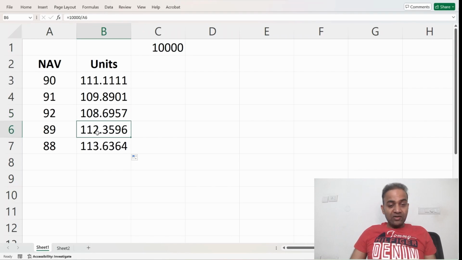But when the market falls, it's actually bad for SWP because now you need to redeem more number of units, here 112 and 113. And so more number of units are redeemed from your account, and for the future growth you have less units in your account. You need to manage that risk when you're doing the systematic withdrawal plan.